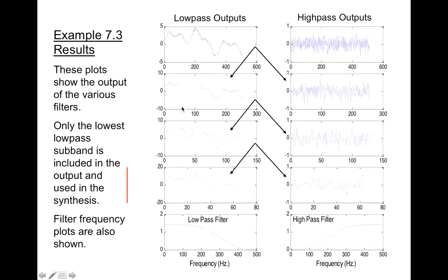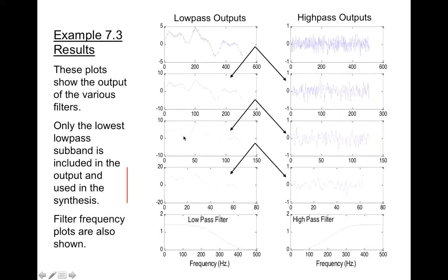And so this is a 1, 2, 3 level decomposition. You can see by the third level that this is beginning to look very smooth. And so if you wanted to denoise this, then one thing to do would be to get rid of some of these, or to zero out some of these high pass output components.